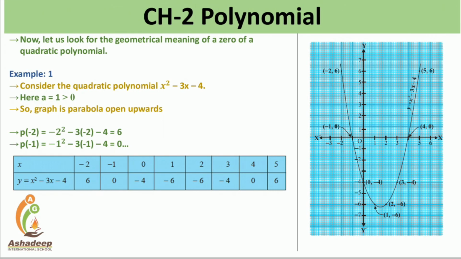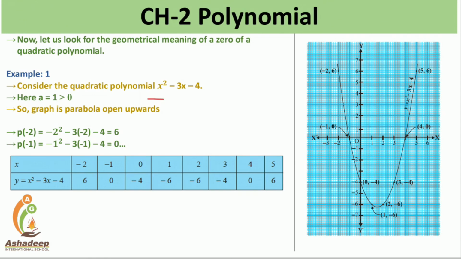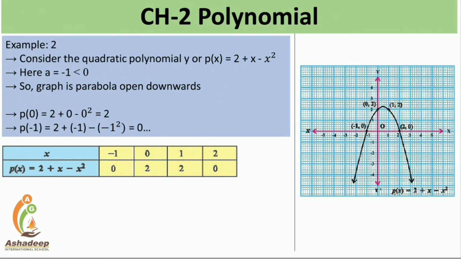Similarly, in a quadratic equation, if the value of a is greater than 0, then it is a parabola opening upwards, right? If the value is less than 0, then it is a parabola opening downwards.